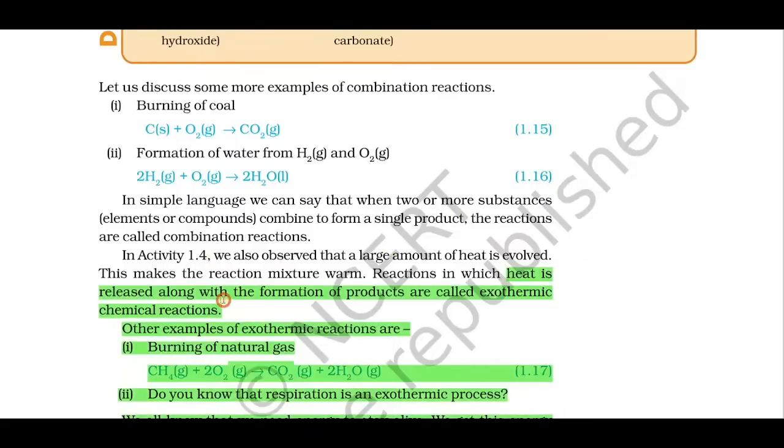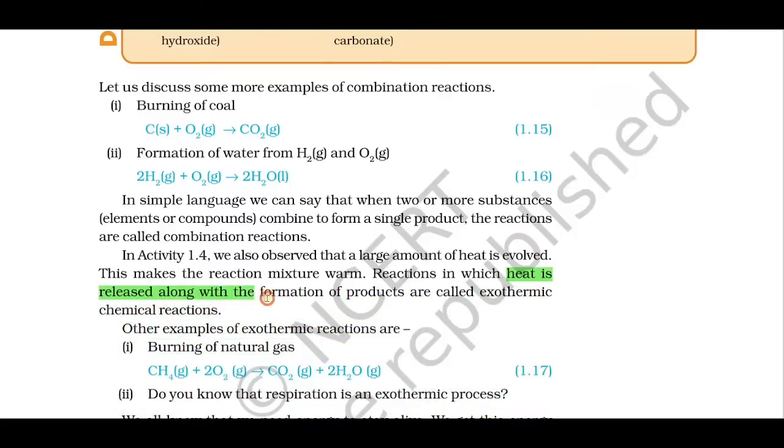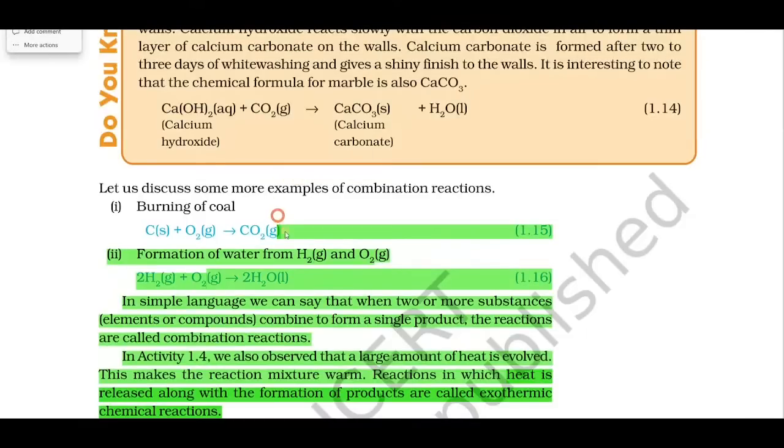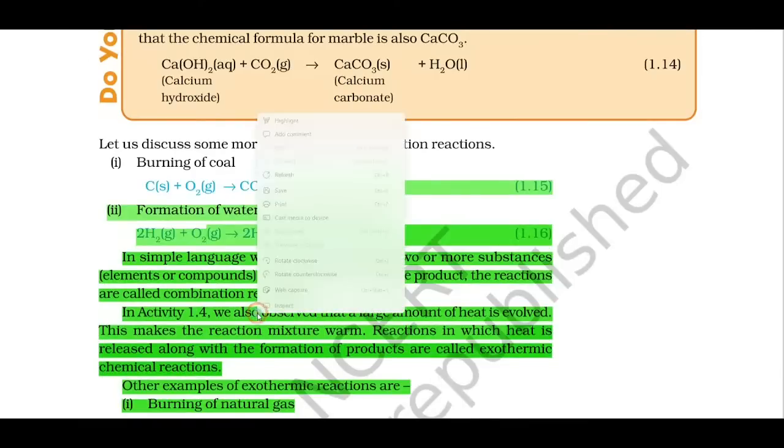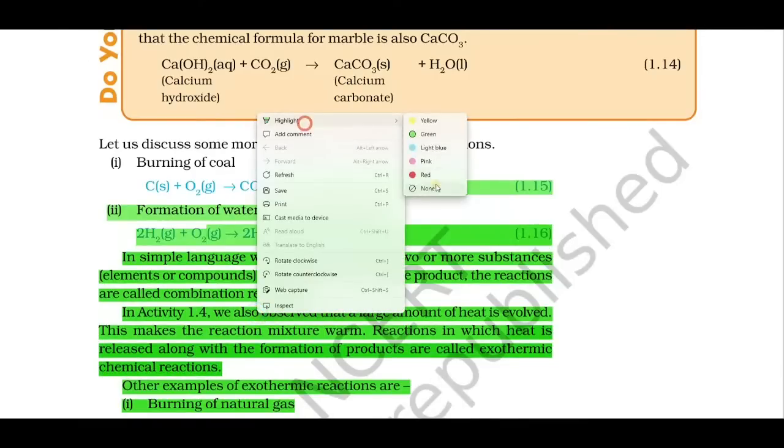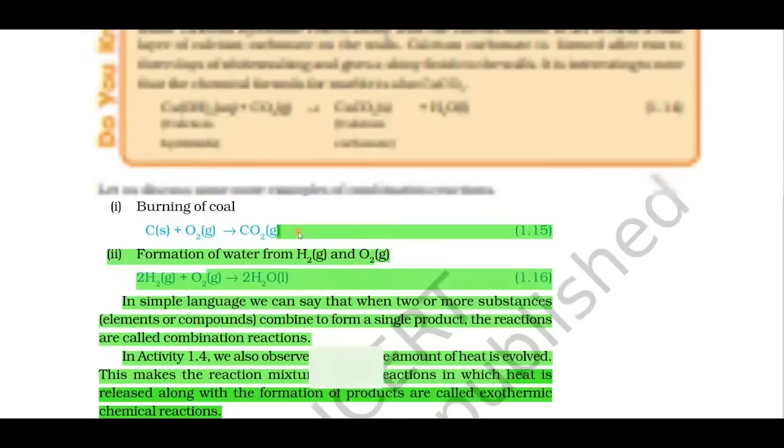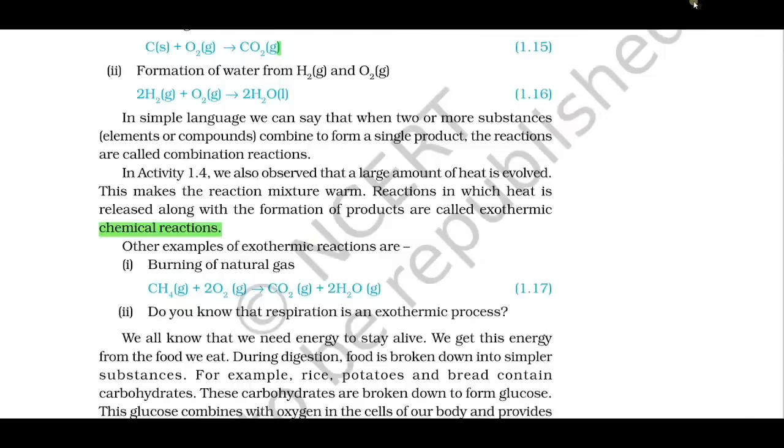Heat is released or generated with the formation of product. It is called an exothermic chemical reaction. All combination reactions are exothermic, because with the formation of product the heat is evolved or released.